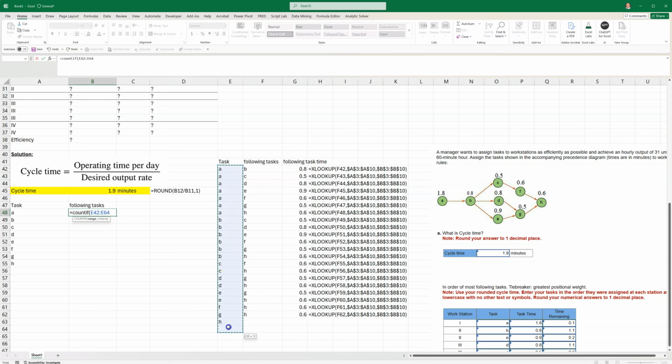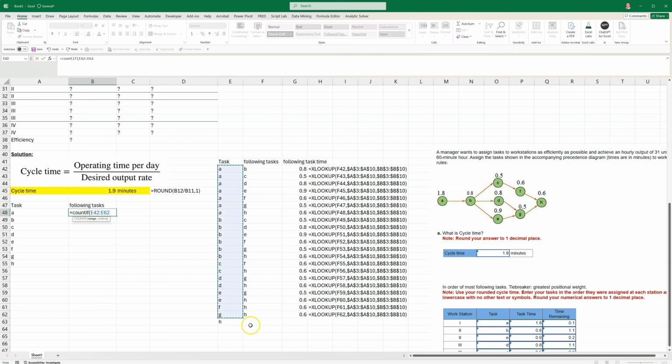COUNTIF these are equal to, well, I want to F4 this, right? Actually, H doesn't have a following task. Let me do it again. Equals COUNTIF these.